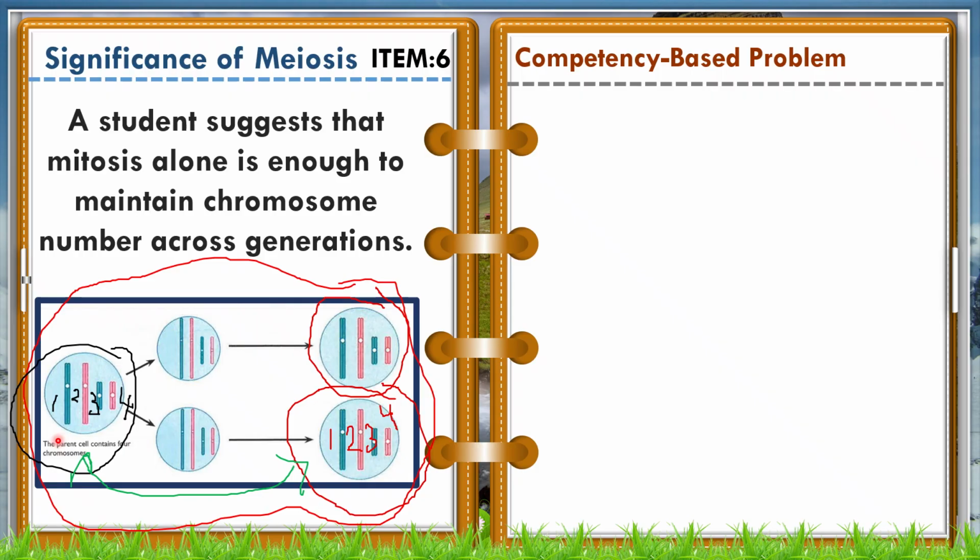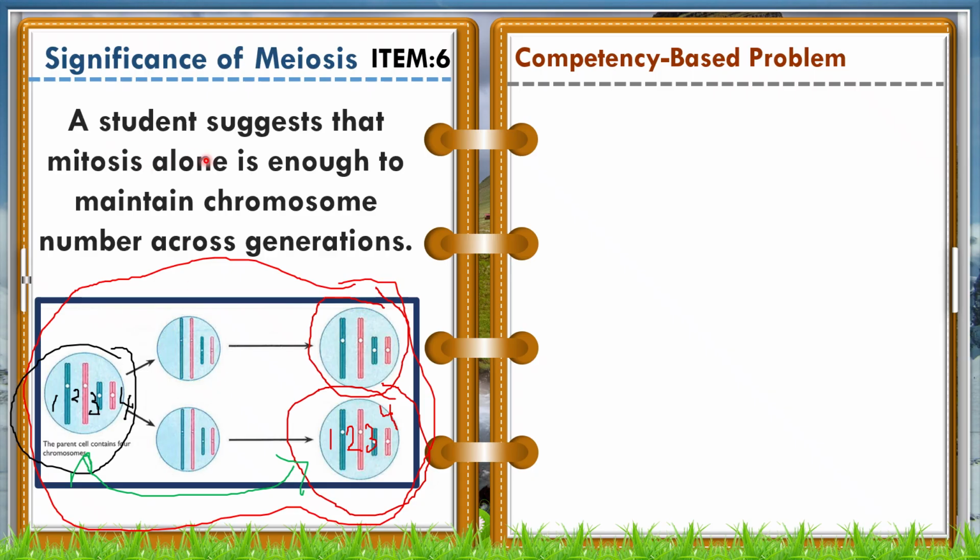That process of division is what we call mitosis. A parent cell divides and gives us 2 daughter cells, and each daughter cell has the same number of chromosomes as the parent.